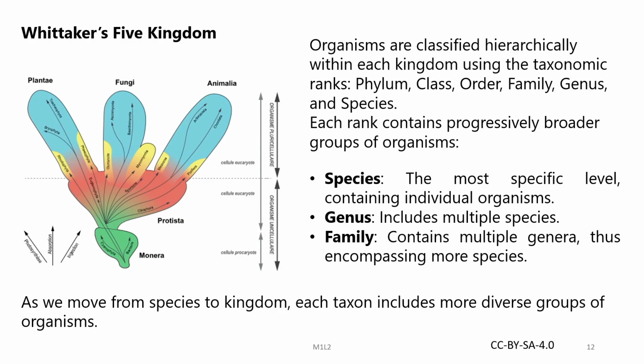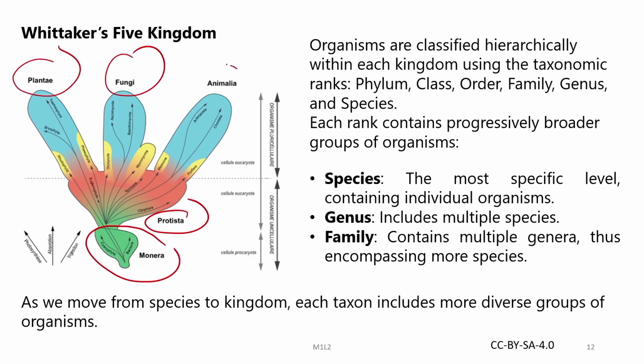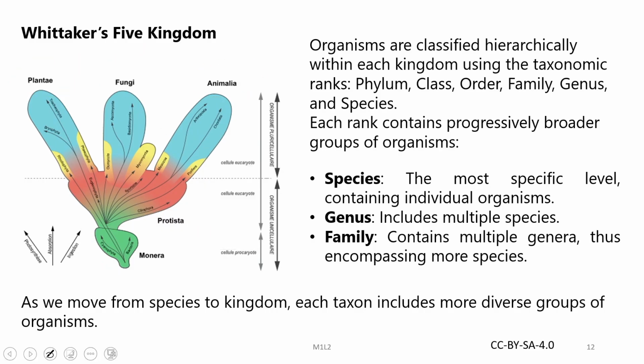Let us go back to Whittaker's 5 kingdom. So, here you can see the 5 kingdoms: Monera, then Protista, Plantae, fungi and Animalia. Now, in this 5 kingdom concept, organisms are classified hierarchically within each kingdom using the taxonomic ranks like phylum, class, order, family, genus and species.